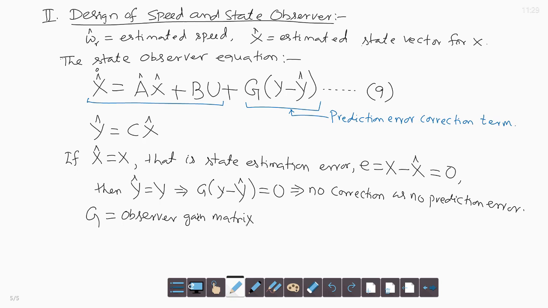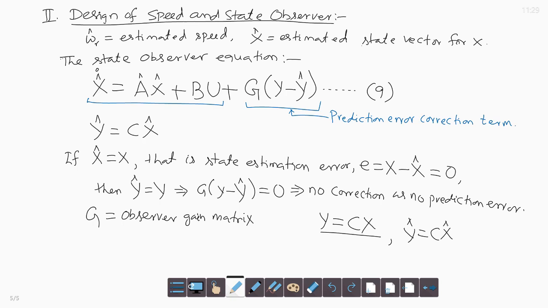Because we have the actual output y, that is c into x, and because outputs are measurable, say the outputs are currents I alpha s and I beta s, we can measure the output and compare with the estimated. So this is the measured output y given by the actual state x. Then we have the estimated output y hat, that is c into x hat, based on the estimated state.